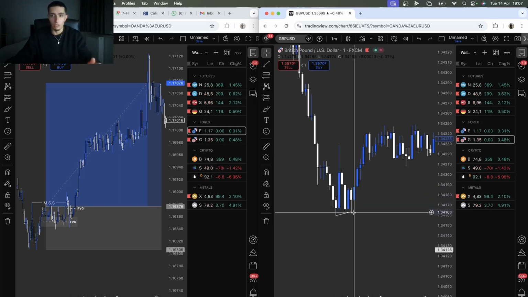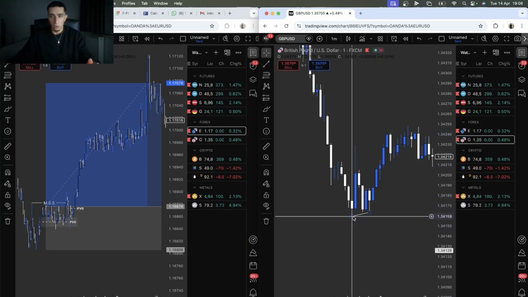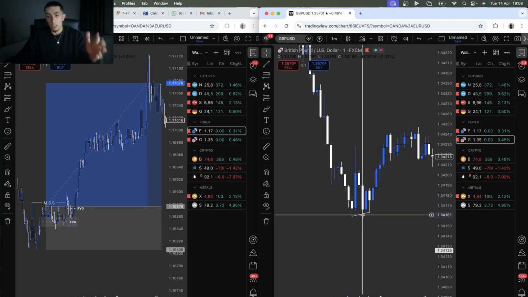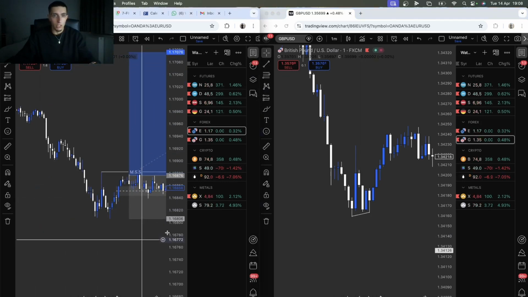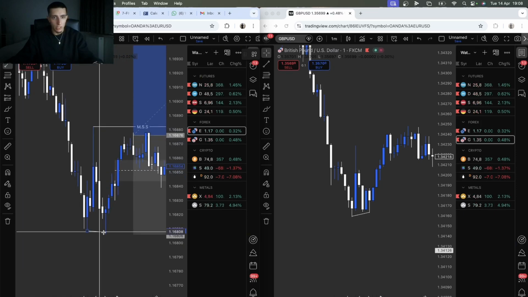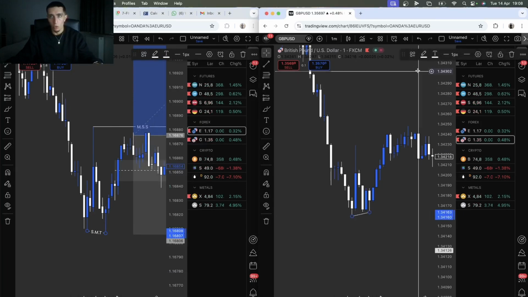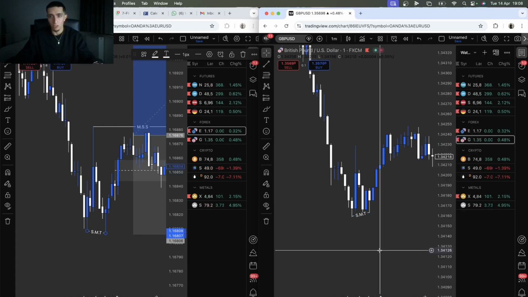For an example, if we zoom in right here on GBP USD, we have this low not taking out this low, which means there is no liquidity sweep, right? But if we zoom in on Euro, we can see that this liquidity gets taken from this liquidity, right? So again, that is called an SMT. When one pair takes out liquidity, but the other pair fails to do so.